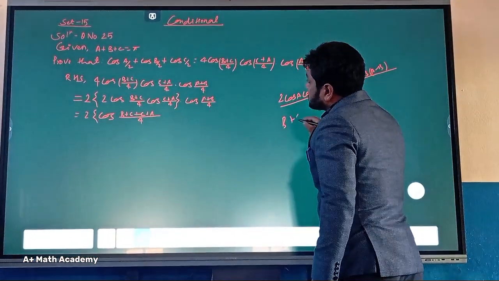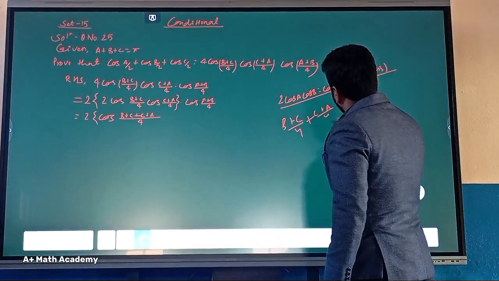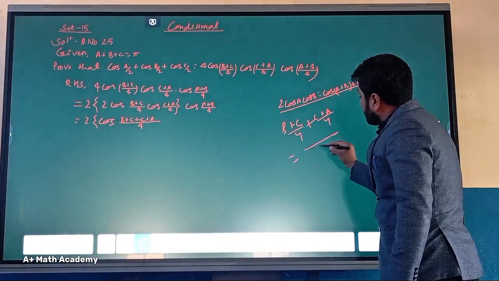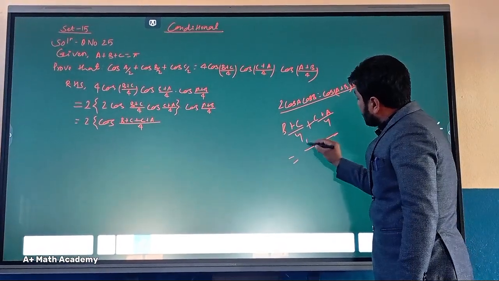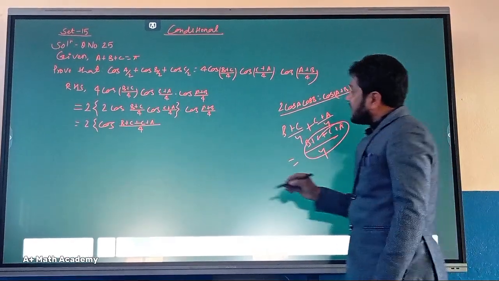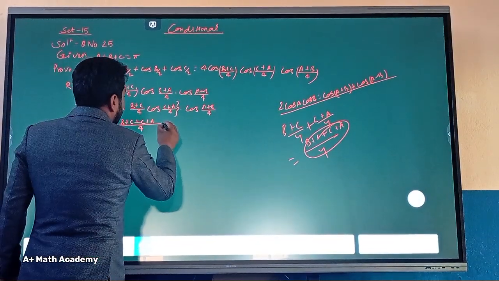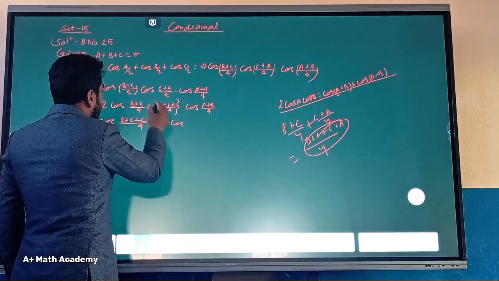B plus C by 4 plus C plus A by 4, we have the same denominator, so we write only one denominator and add all the numerators. So directly I write here cos (A plus B plus 2C) by 4 plus cos of the difference.